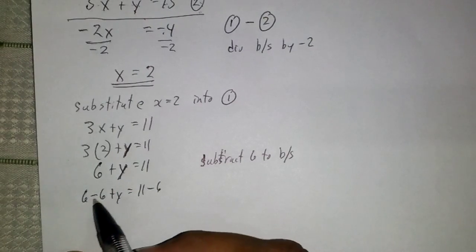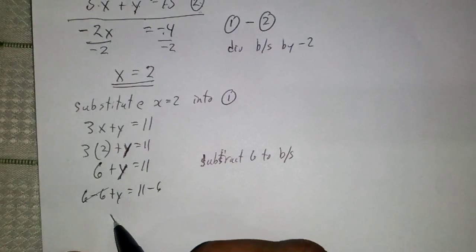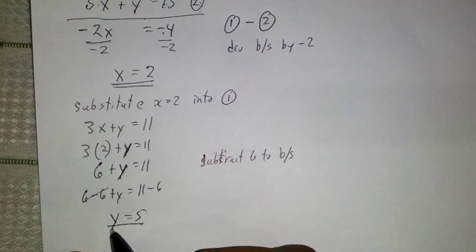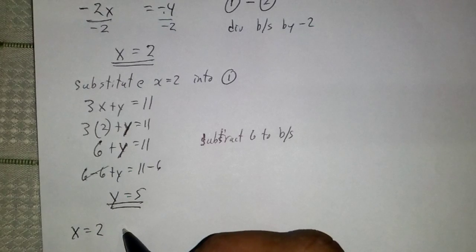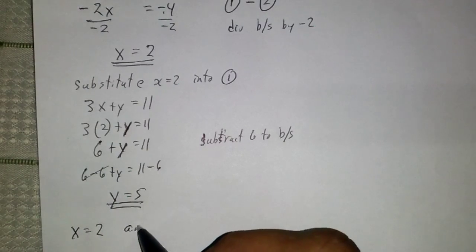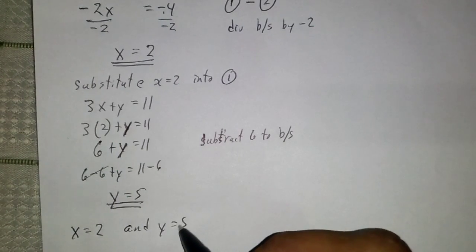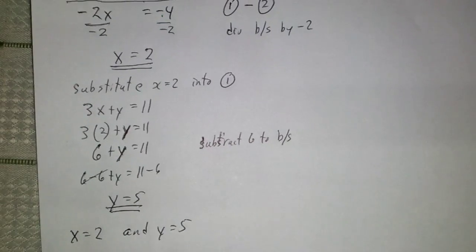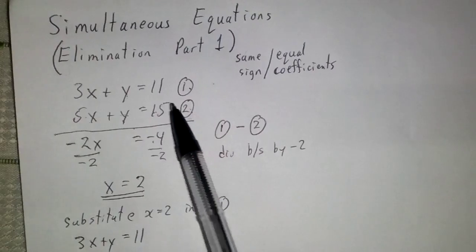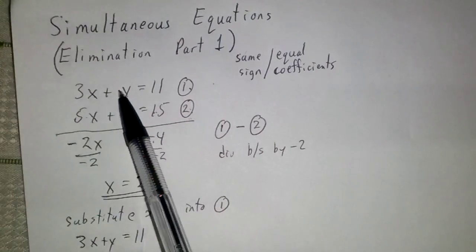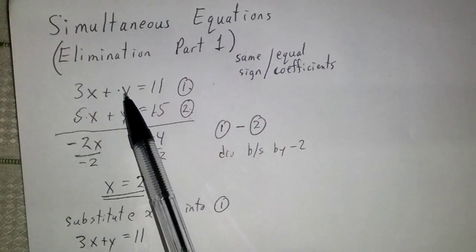The 6's will cancel on this side, leaving us with y equals 5. So our solution is x equals 2 and y equals 5.